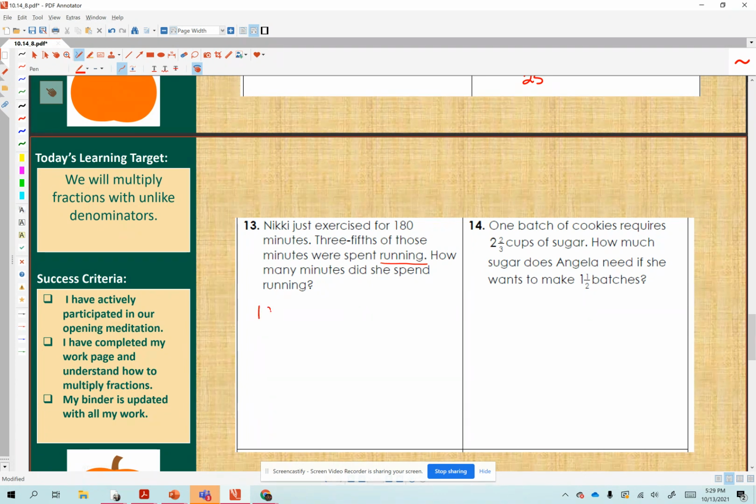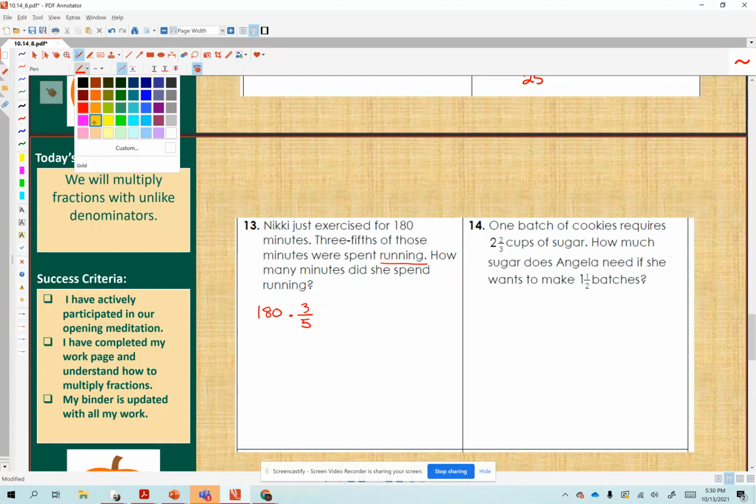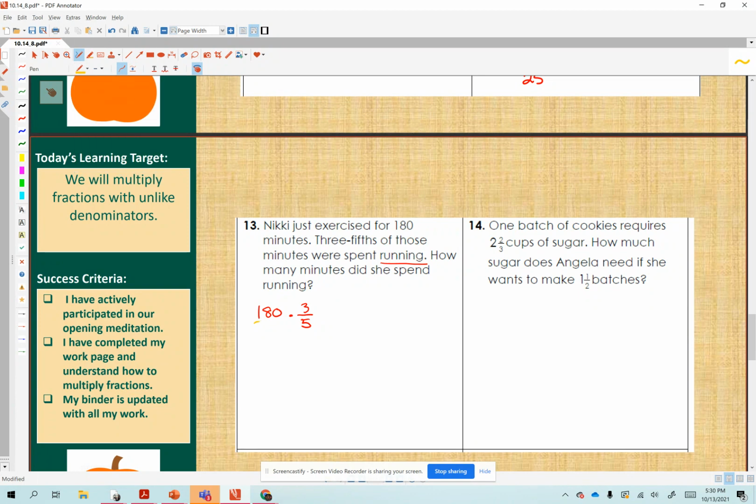So we're multiplying 180 times 3/5, or we could say, what is 3/5 of 180? So the first thing I'm going to do is give the 180 a denominator of 1, and I can also simplify this quite a bit. 5 divided by 5 is 1. 180 divided by 5, let's see, is 35.